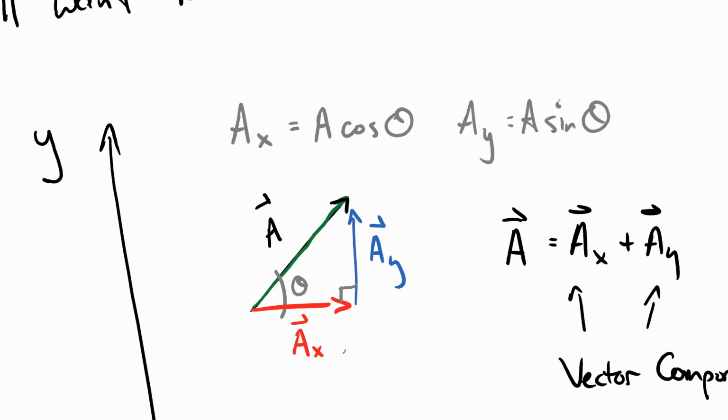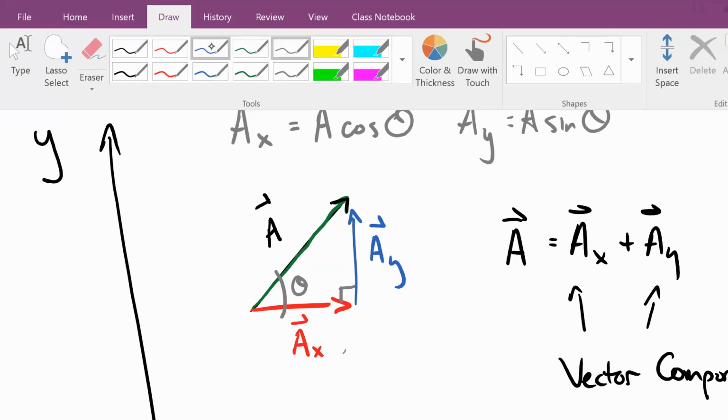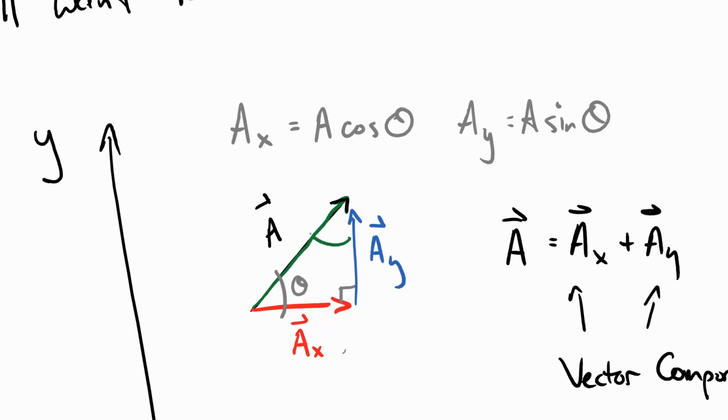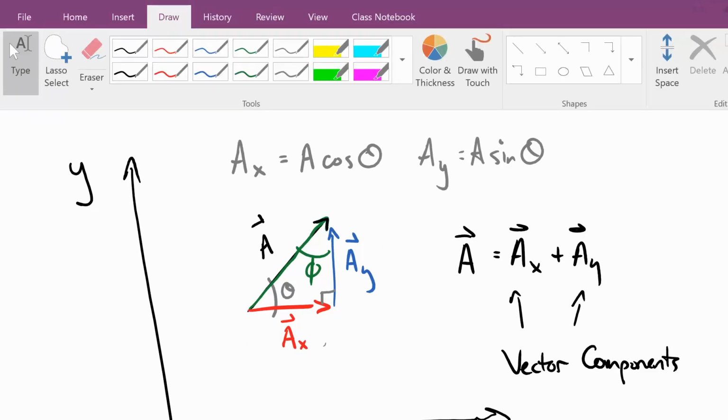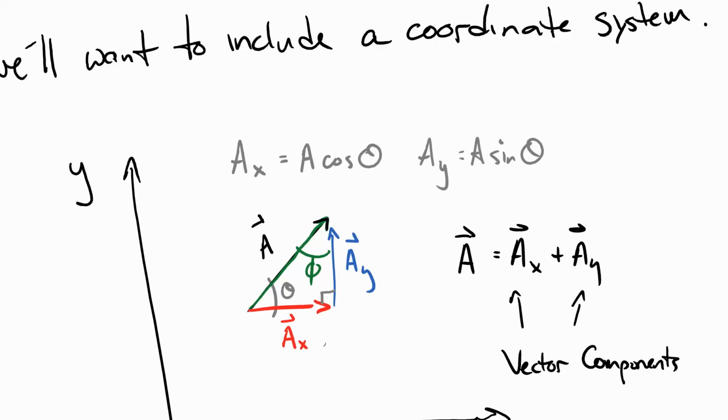Be careful. A particularly devious textbook, AP exam, whatever, could instead use phi, this angle. This is going to happen all the time in some problems where you're talking about angles of descent instead of angles of ascent, below a horizontal instead of above a horizontal. In that case, this would be true.